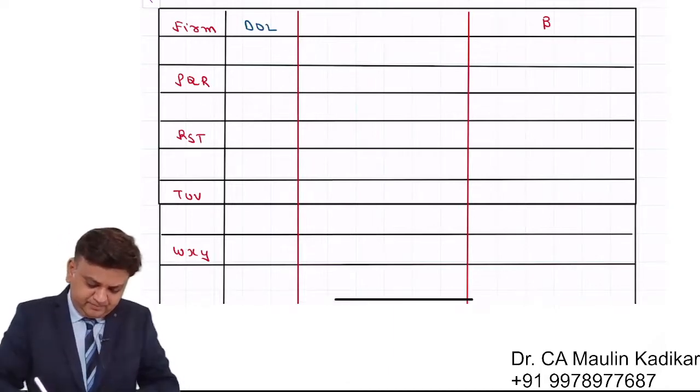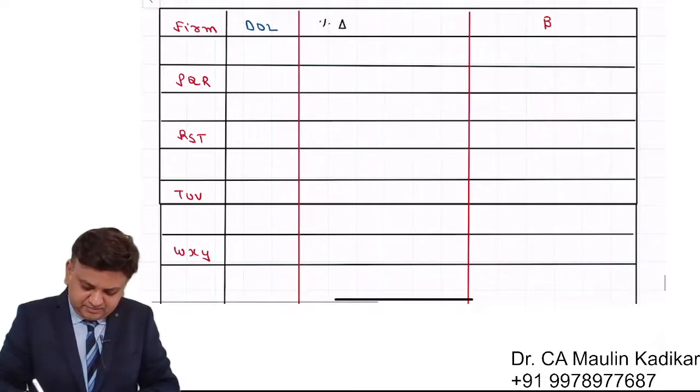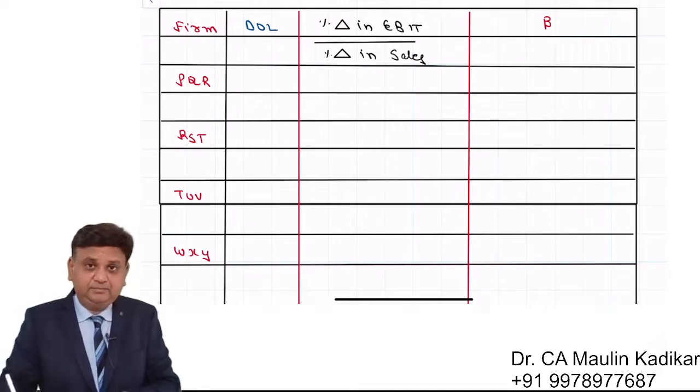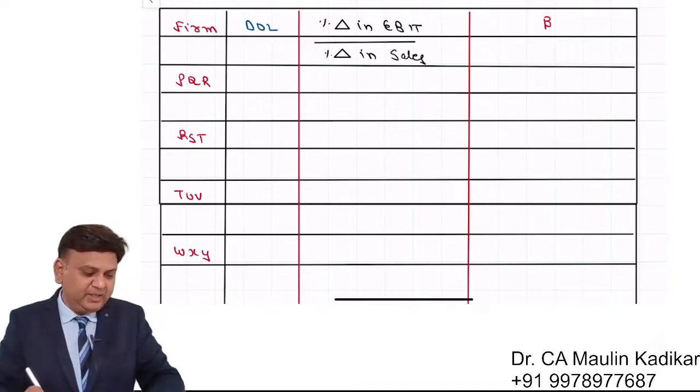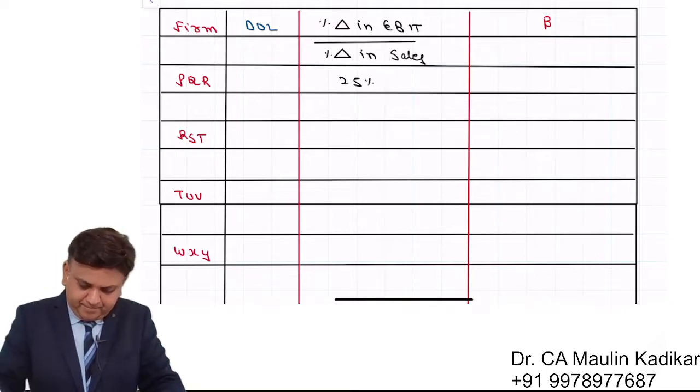DOL is percentage change in EBIT upon percentage change in sales. So basically for PQR it will be like this: 25 upon 27.